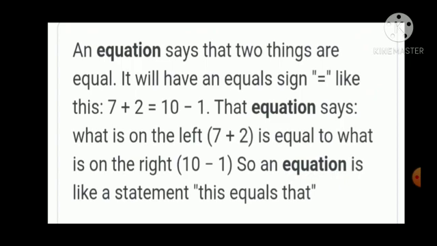Here both the expressions have the same answer. So here we can say that left hand side is equal to right hand side. That equation says what is on the left, 7 plus 2, is equal to what is on the right, 10 minus 1. So an equation is like a statement, this equals that.